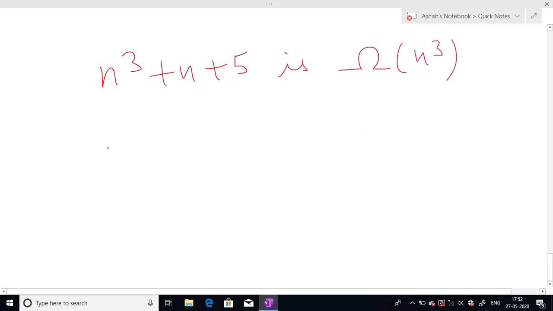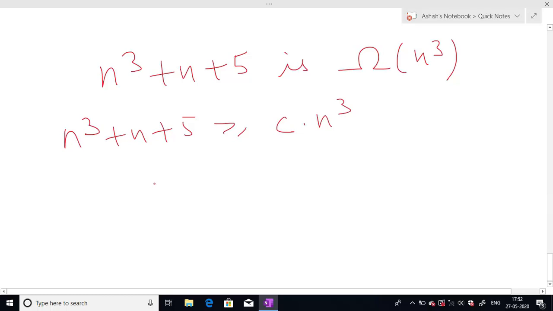Another example, prove that function f(n) = n cube plus n plus 5 is big omega of n cube. When will this be true? If n cube plus n plus 5 is greater than or equal to c times n cube.